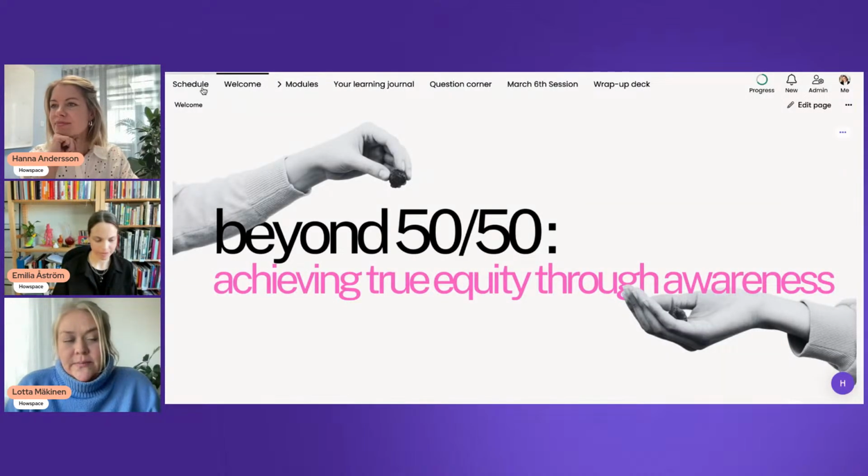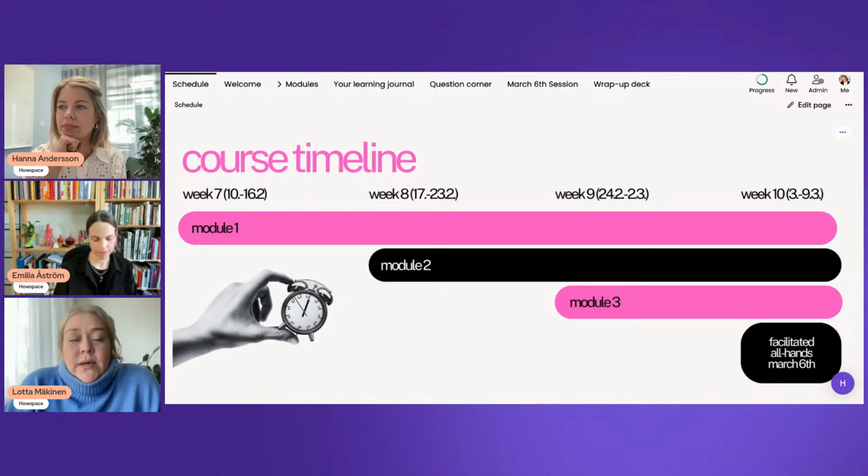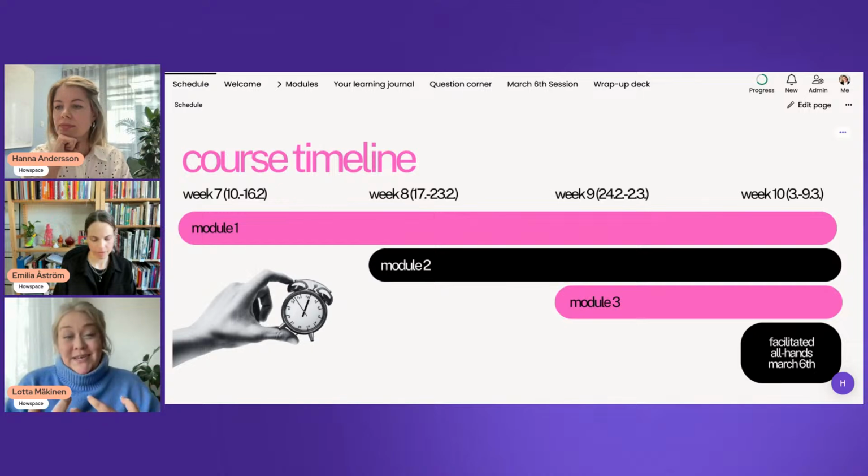So just a few words about the course itself, how we designed it, and then we will move on to the impact part. We called it Beyond 50/50, Achieving True Equity Through Awareness. We ran the course over a period of 4 weeks, out of which 3 weeks had asynchronous learning in 3 different modules.